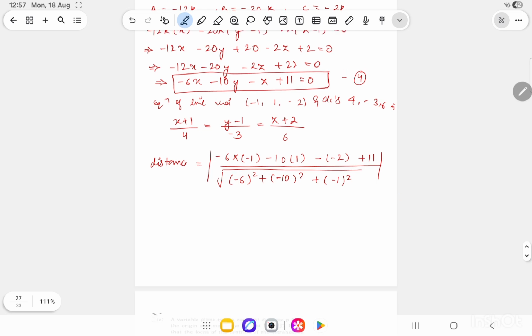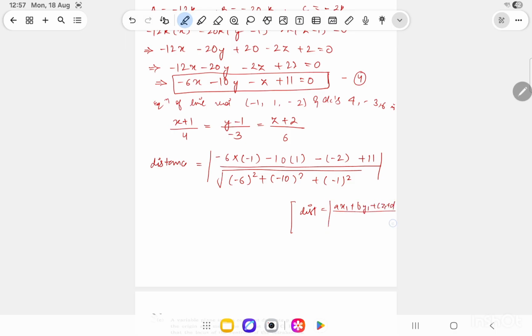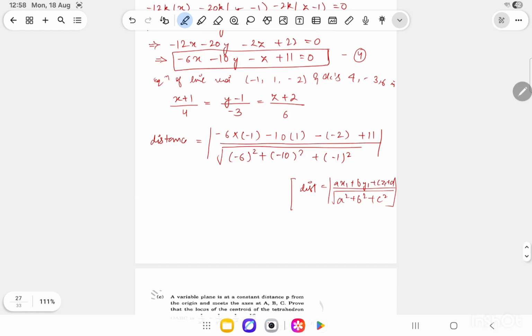The formula is distance equals (ax1 plus by1 plus cz1 plus d) upon under root a square plus b square plus c square, if our line is passing through the point (x1, y1, z1).